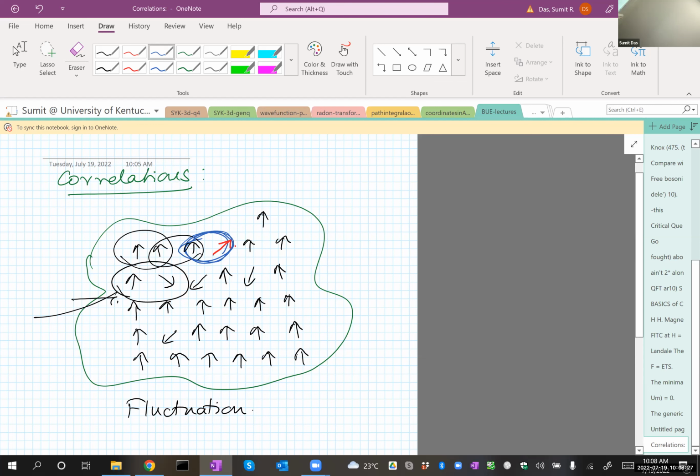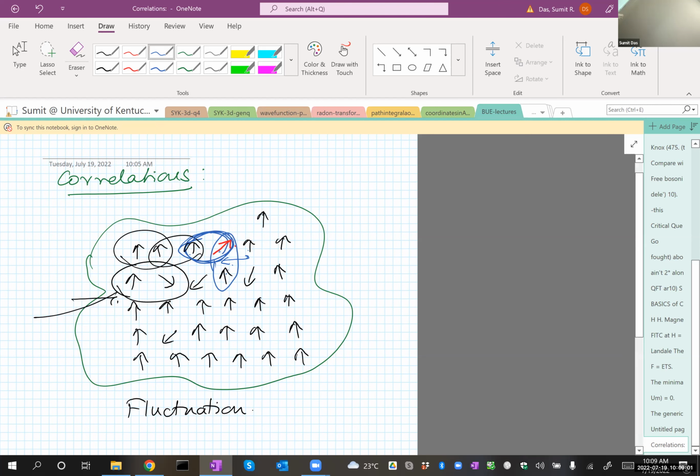And of course, what will happen is that this excitation will have an effect throughout the sample. Because you have done this, the next two, or these two, also are in a higher energy state, and they'll also try to align themselves, because everything would like to go to the lowest energy state.